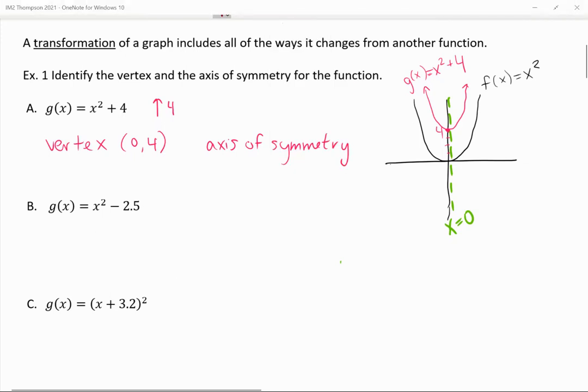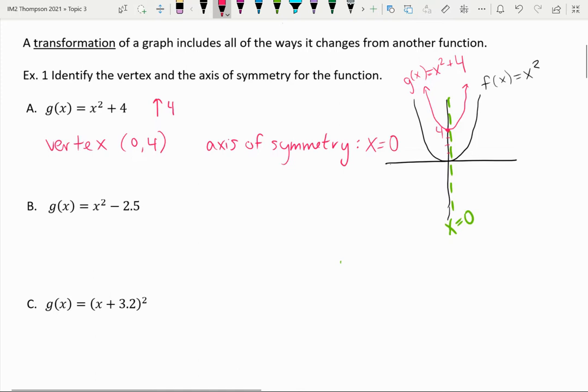But that line is still the line that this new red function is symmetric about. So it's still going to be that the left side is a mirror image of the right side. It hasn't moved. When my graph shifts up and down, that axis of symmetry isn't going to change. It's still on the same line, still symmetric about the same line. So my axis of symmetry is going to be the equation x equals 0.